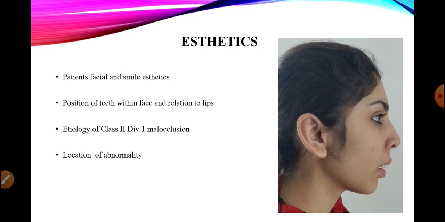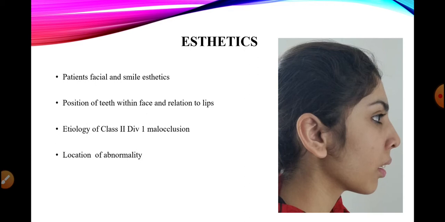Then what we need to consider is the exact etiology of class 2 division 1, so it should be dealt with accordingly. And then we have to address the exact location of the abnormality. For example, we need to see whether the soft tissue is involved as an etiological factor, or it is because of the crowding, or it is because of the skeletal pattern. So, for example, if the maxilla is prognathic, it should be dealt with in a different way. If the mandible is retrognathic, the treatment planning should be aiming at a different area.